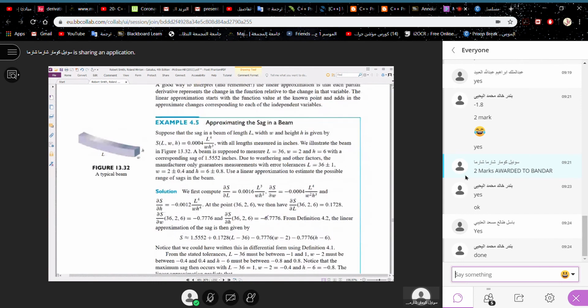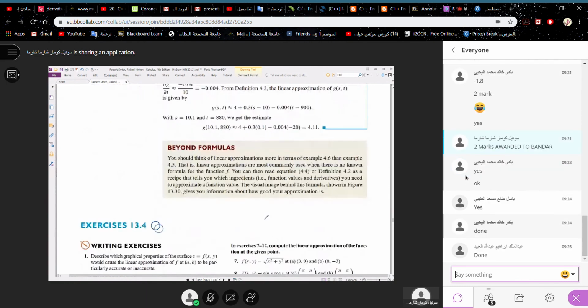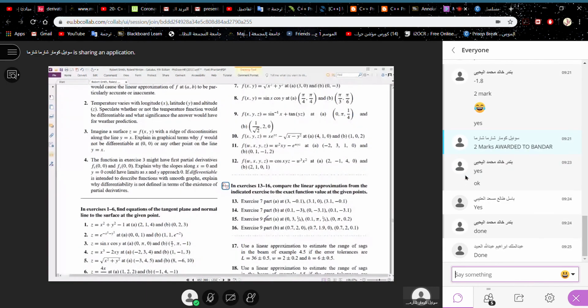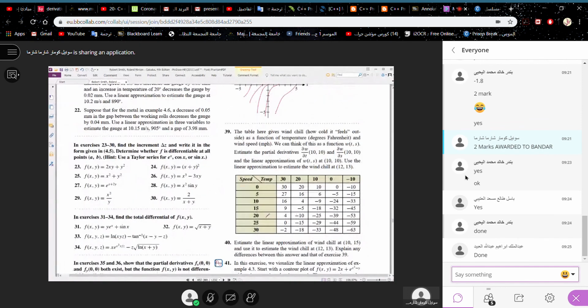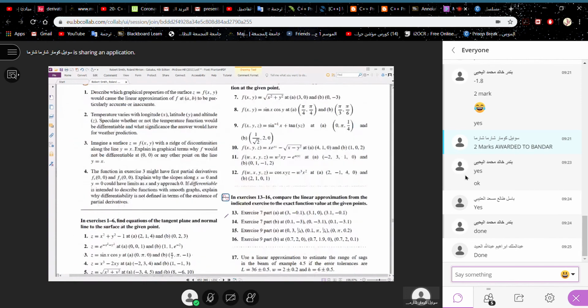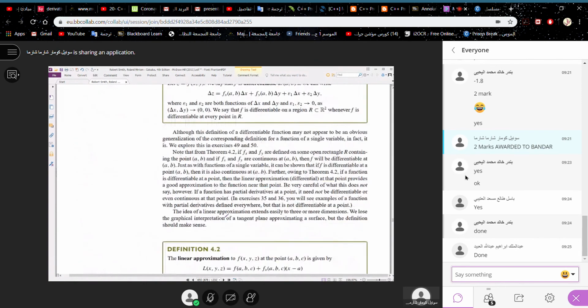This is the linear approximation. So I would like to go with the linear approximation, but I don't find time. This is the find total derivative. Okay. One more thing you should note.